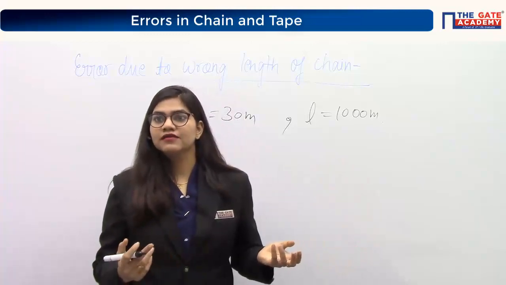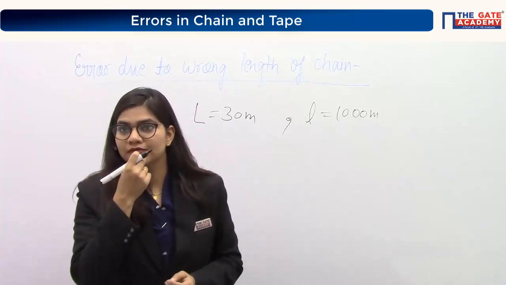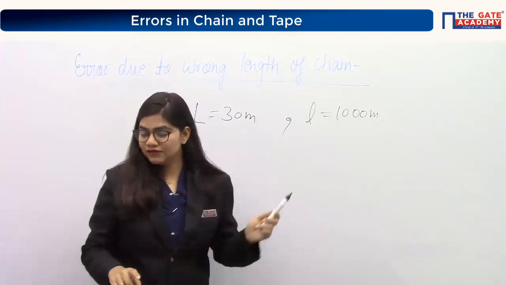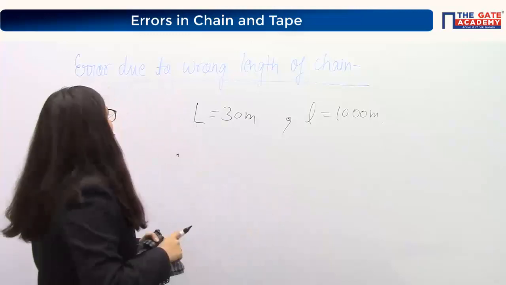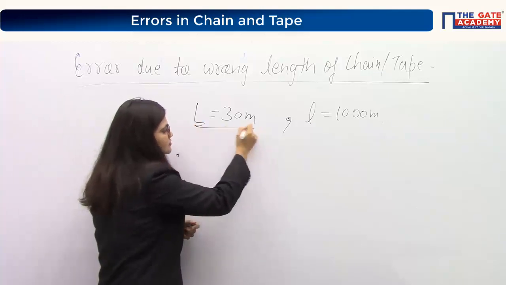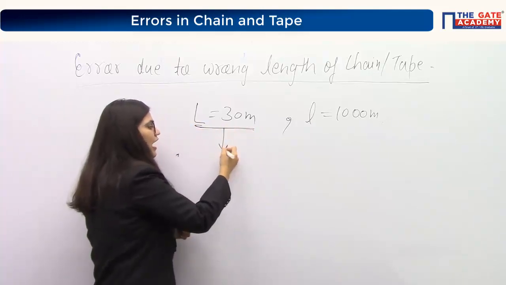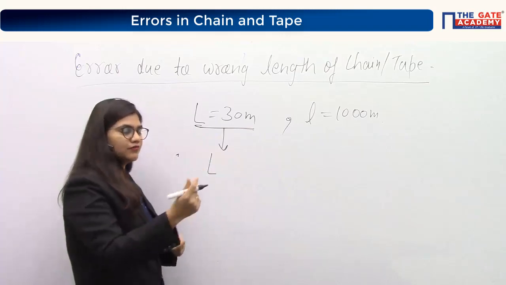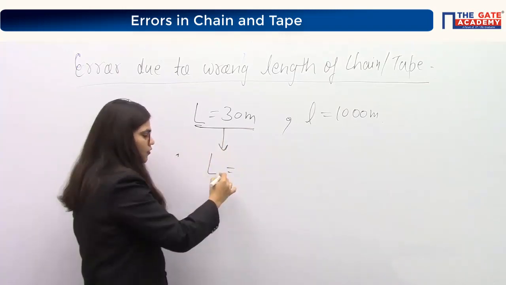I'll use a black marker now. Okay, if I'll write again. So when I do the measurement of this standard chain, I found it can be shrunk or it can be expanded. Okay, so I'm taking both the values right now.